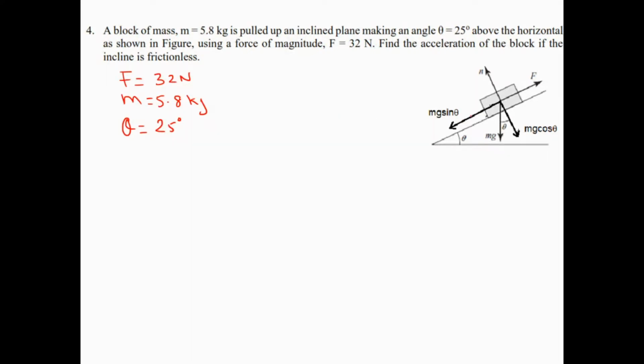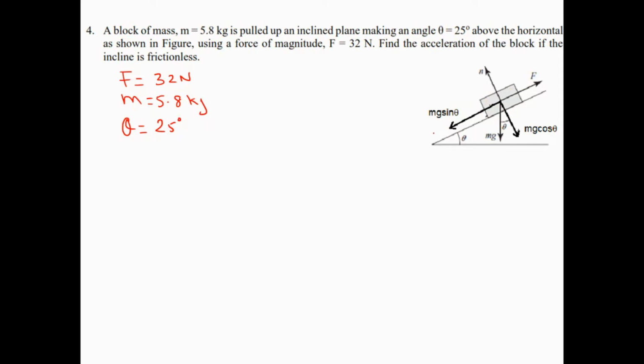Now we have to see this picture. This inclined plane is a frictionless surface, and you have the block of mass. You apply the force of 32 Newton, and by that, what will happen? It is a frictionless surface, so the block will have acceleration, because the surface is smooth.